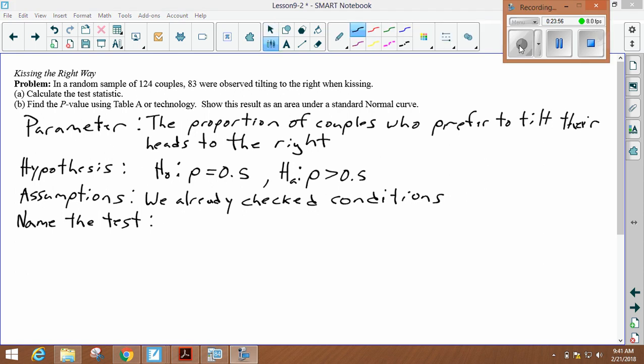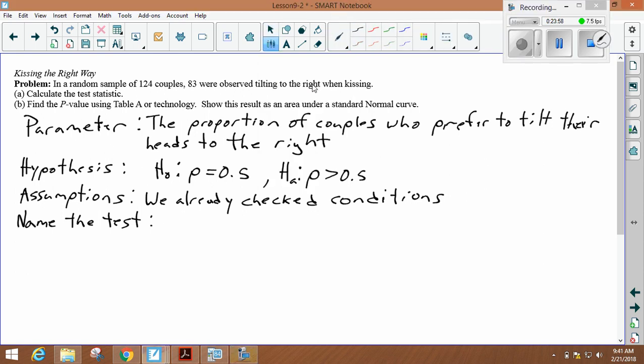So we're going to perform a one proportion z-test, and now T, let's get down to it.